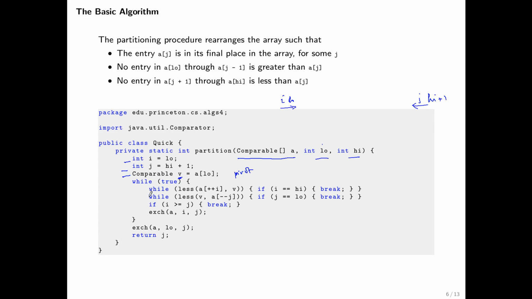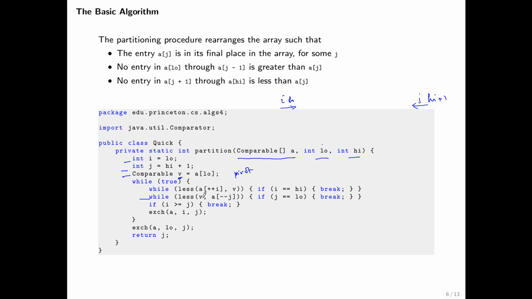And then in this while loop, we scan from this side. So j goes right to left, and we stop this while loop when we find an element that is less than or equal to the pivot.